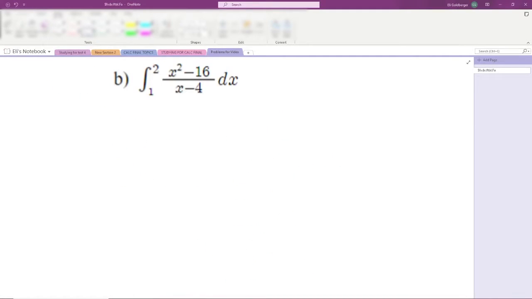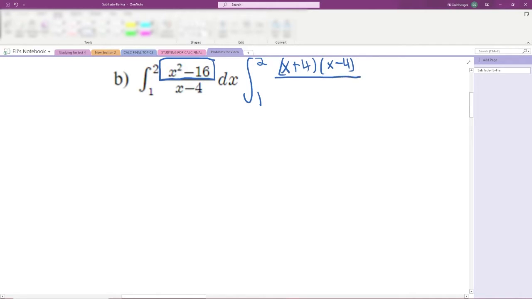Okay, so for 18b, we want to notice right away that this on top is a difference of squares. So we can rewrite that to make this a lot easier to integrate. So that'll be x plus 4 times x minus 4 all over x minus 4, times dx.